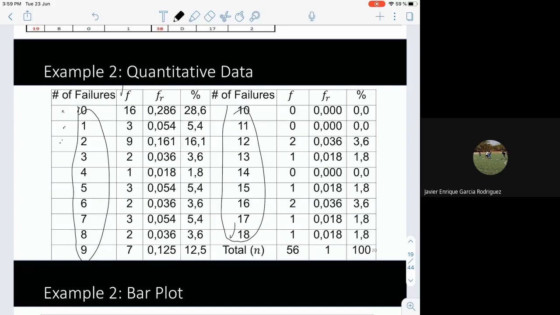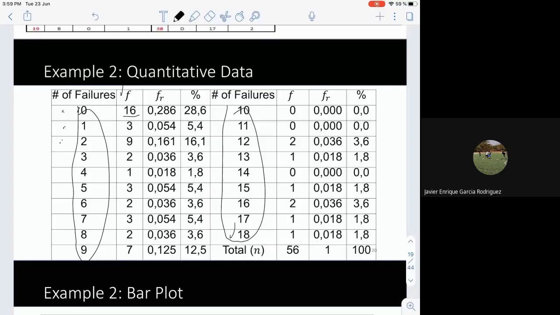So in total, if you check the table, you can go back to the table anytime, you will find that there are 16 zeros, meaning that in 16 days, the company experienced 0 failures. If you keep going until the last one, in total there are, again, 56 days registered, right? It's the same, that's the number of observations.